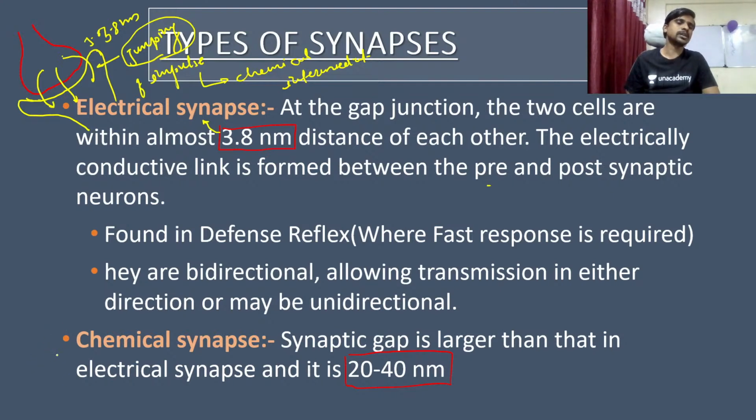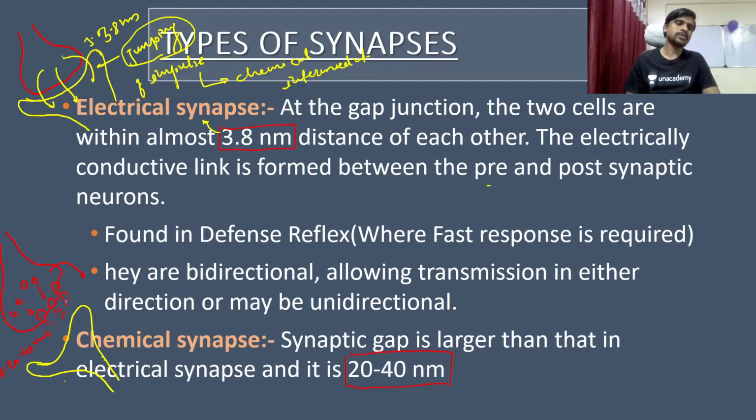Okay, so let's draw the diagram of a chemical synapse. For example, this is the presynaptic neuron, and this is your postsynaptic neuron. Okay, so these are the vesicles. Now your signals are not going to jump this long distance. The distance is about 20 to 40 nanometer, and this is not going to be covered by the jumping of a signal, and that's why this vesicle comes and fuses with this membrane, and after fusion they start secretion of chemicals.